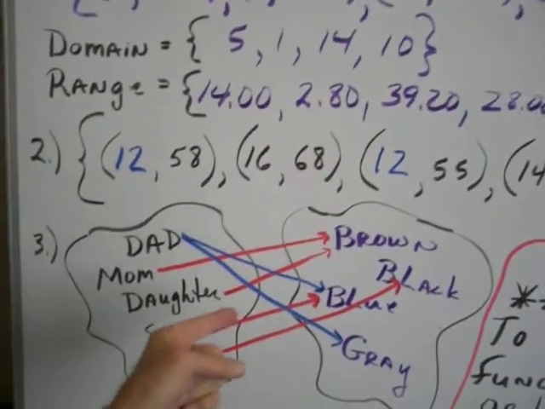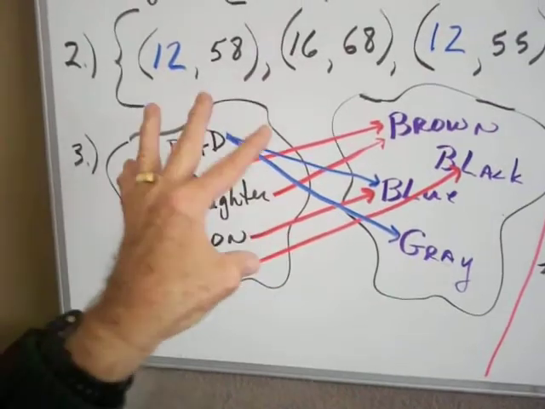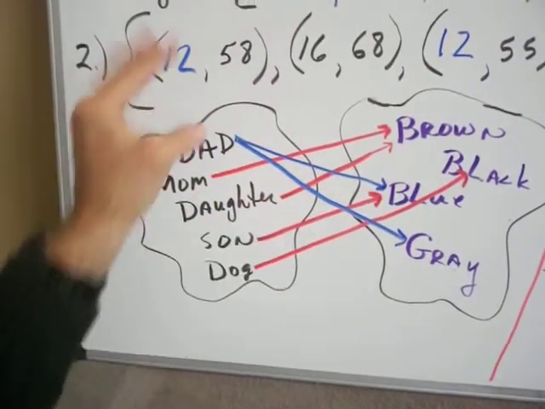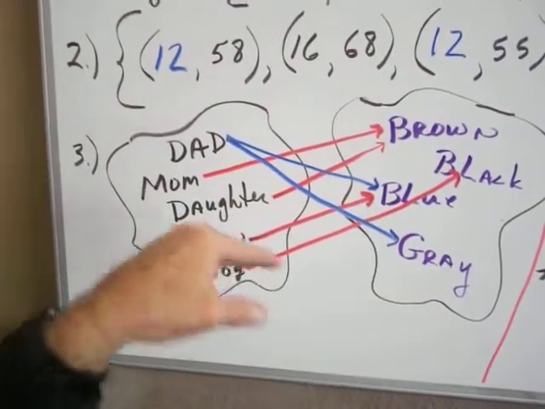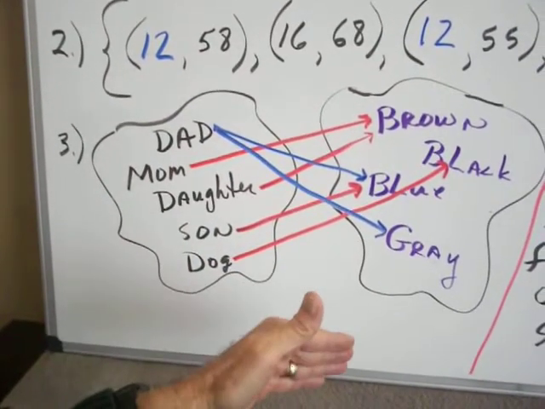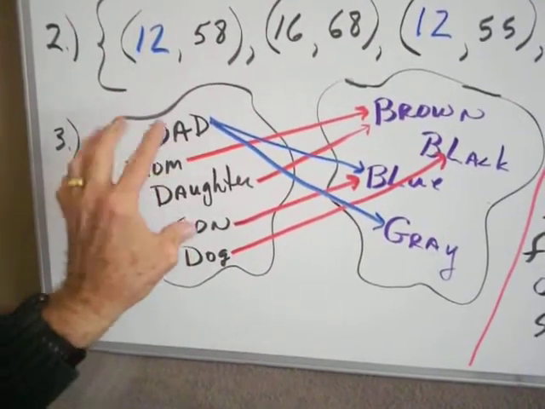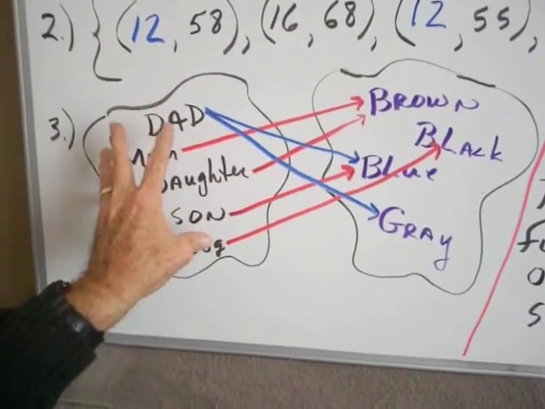Let's look at another way that we can identify a relation. Instead of using a literal collection of ordered pairs, we can use what's referred to as maps or mapping. When you're looking at maps, why are they called that?